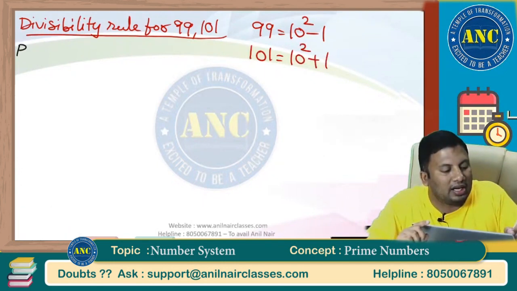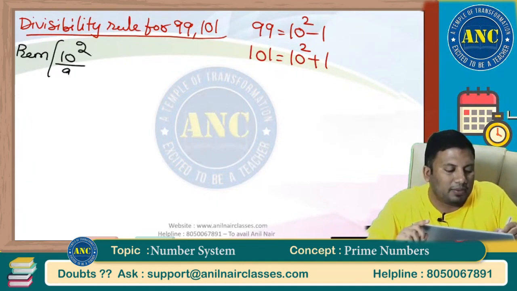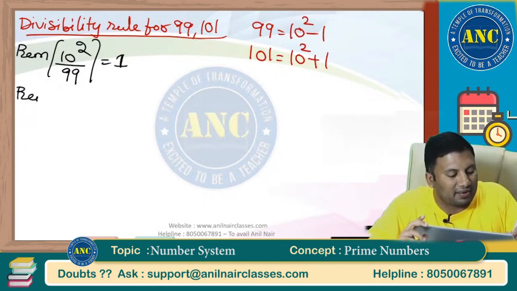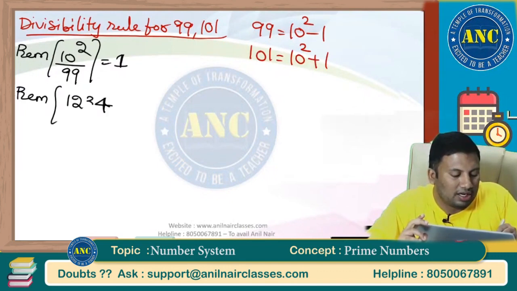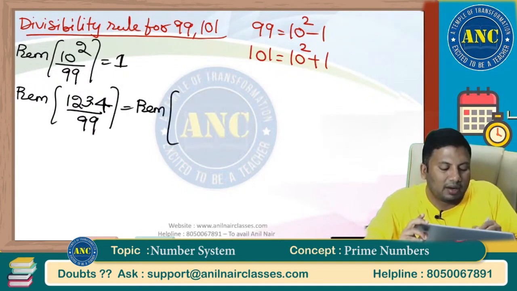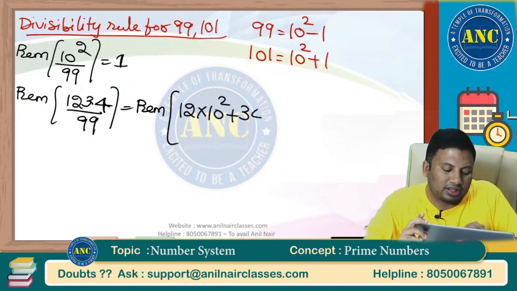So for 99, it will be the remainder of 10 square divided by 99. 100 by 99 is 1. What will be the answer if the question is 1234 divided by 99? This is nothing but the remainder of 12 into 10 square plus 34 divided by 99.